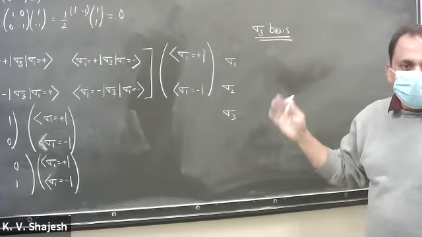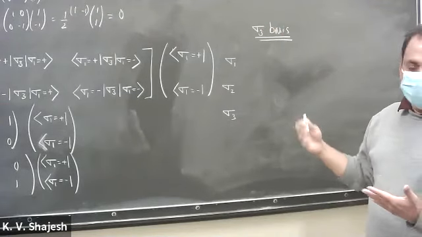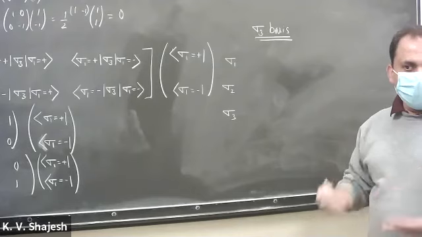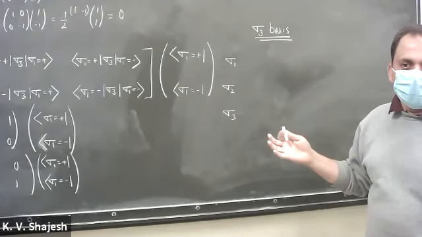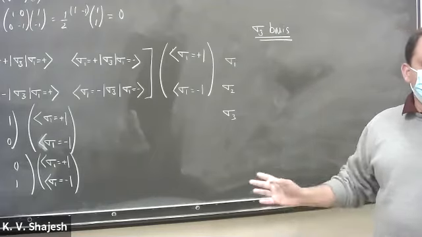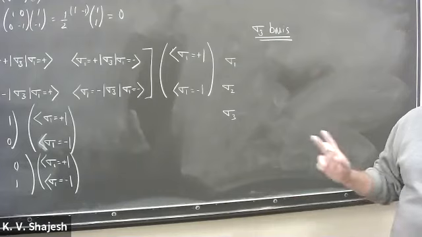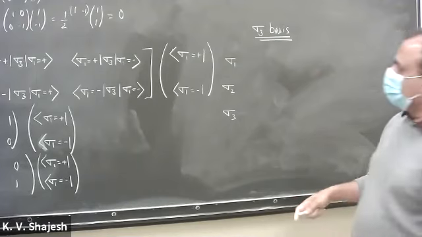If you're reading a book and you're not sure what the basis is, it is the sigma 3 basis. It's like the rectangular coordinate system in a textbook. It's taken by default and everyone works in rectangular basis, but it's not necessary, especially in quantum mechanics. We don't work in this basis all the time.